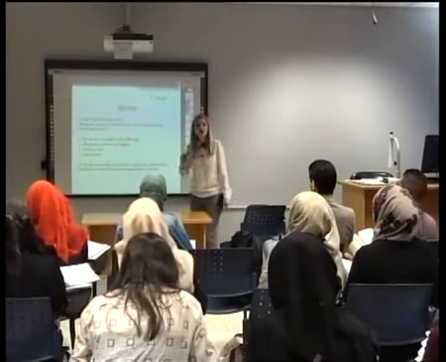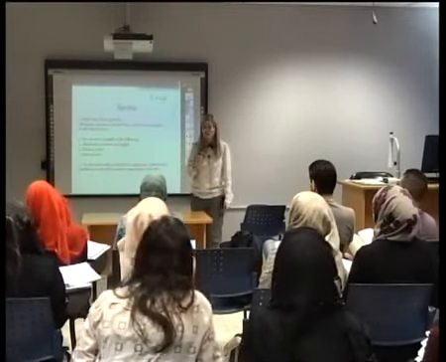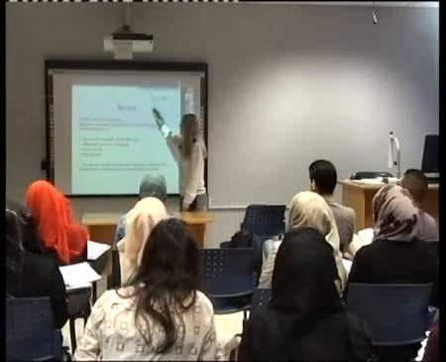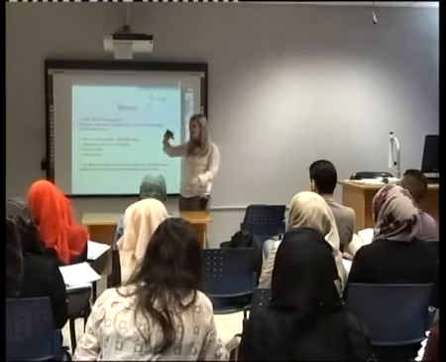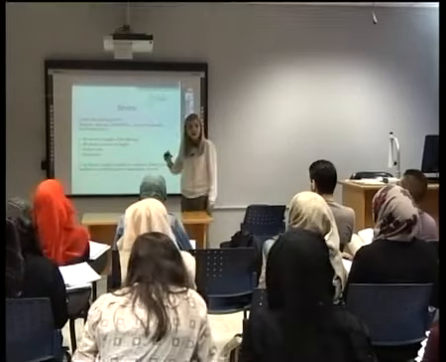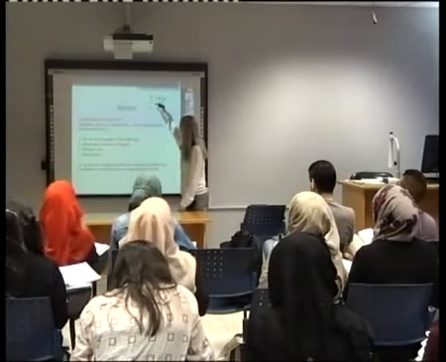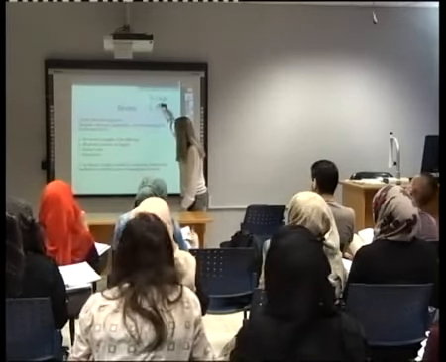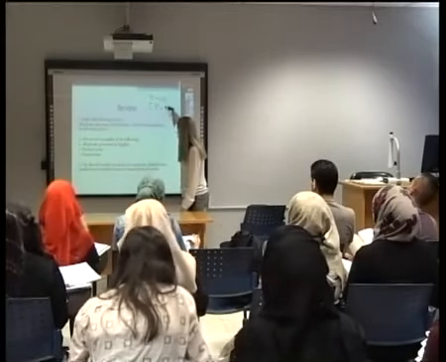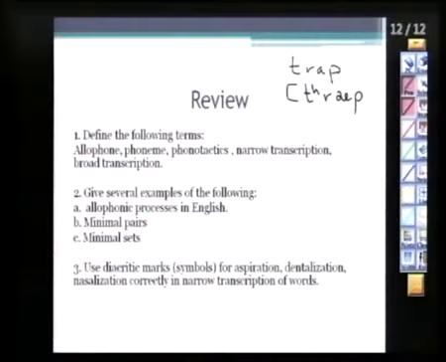If I ask you to do a narrow transcription for this word, you have to add details. For example, detail number 1, you have aspiration in the sound t. So it's going to be pronounced as th, then you have r, and so on. This is how you transcribe this word.